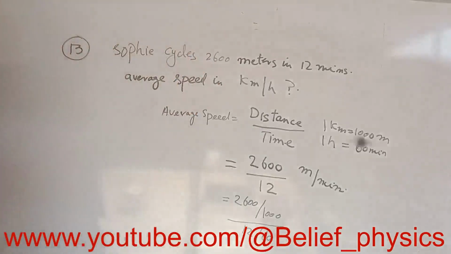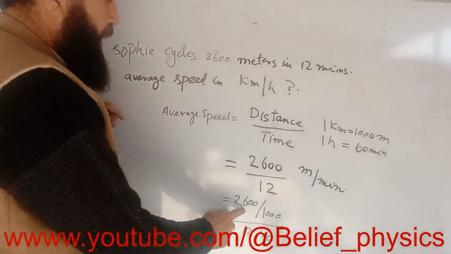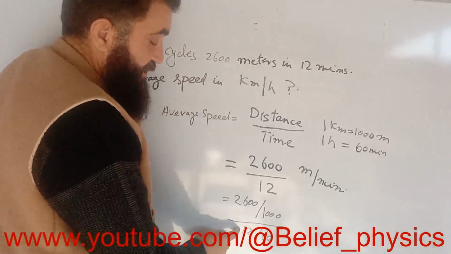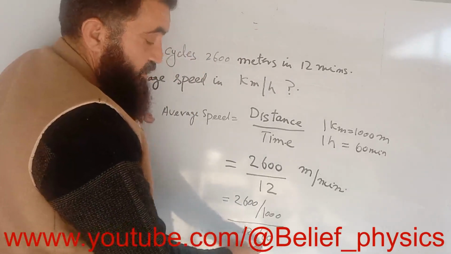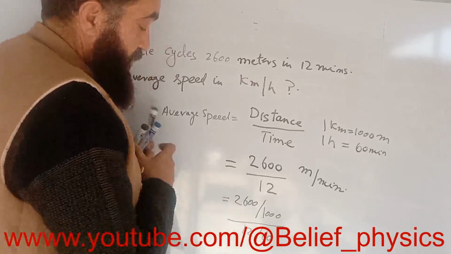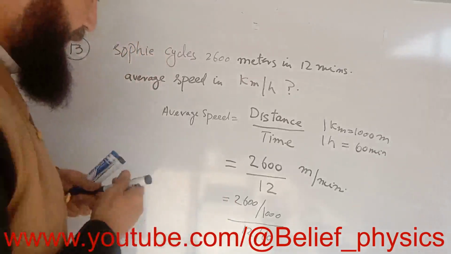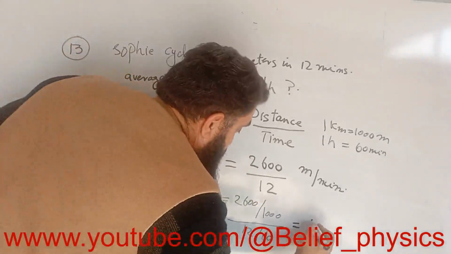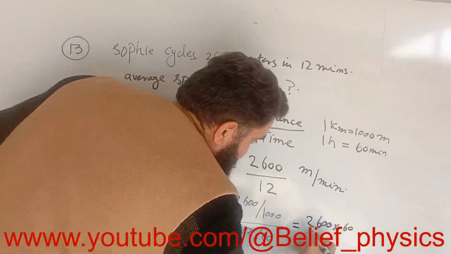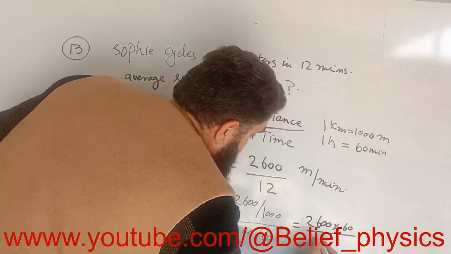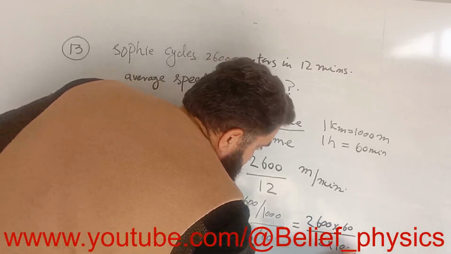Now the denominator of the numerator will multiply with the original denominator, and the denominator of the denominator will multiply with the numerator. So we will write it like that. This will be equal to 2600 into 60 divided by 12 into 1000.